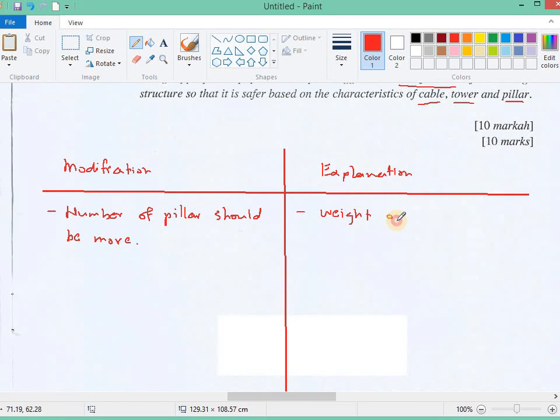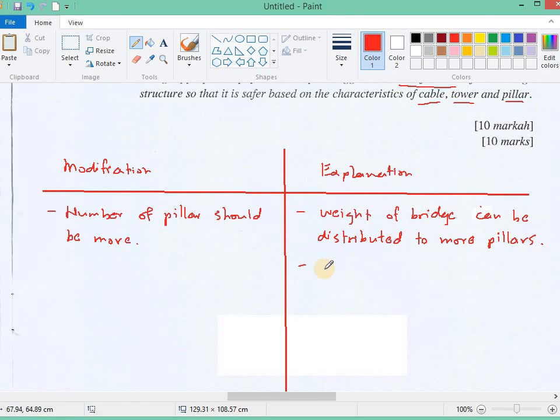Weight of bridge can be distributed to more pillars.